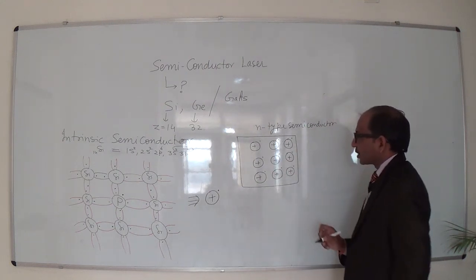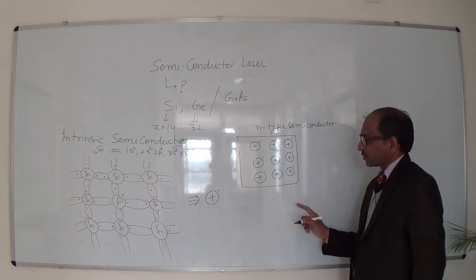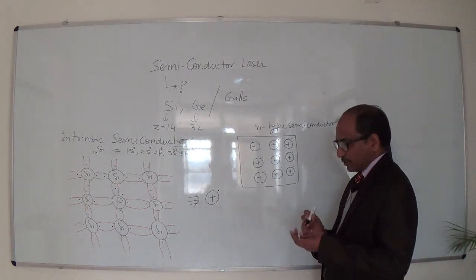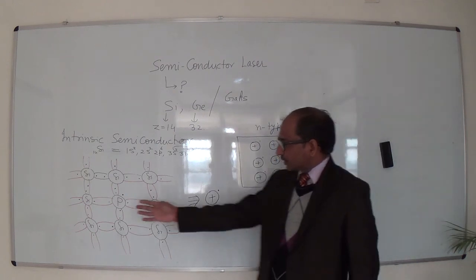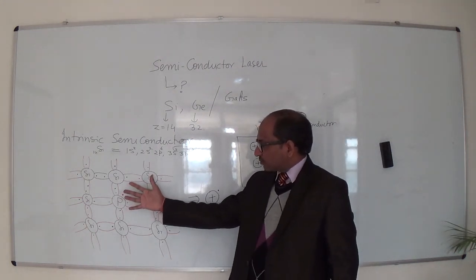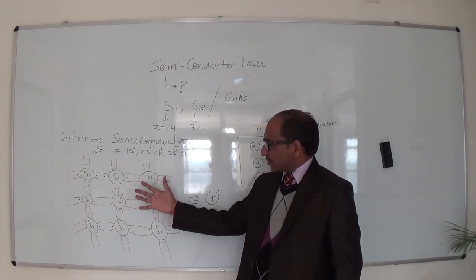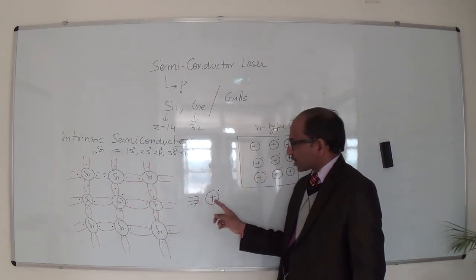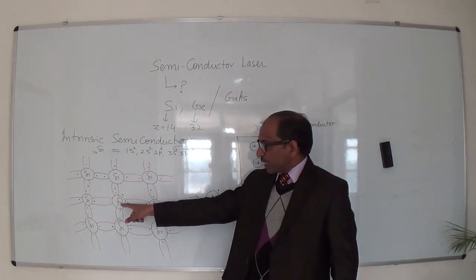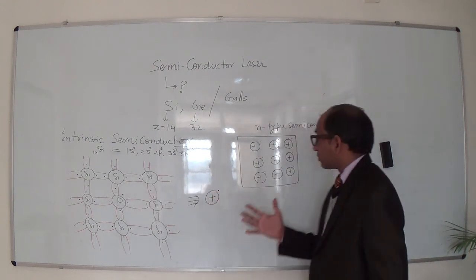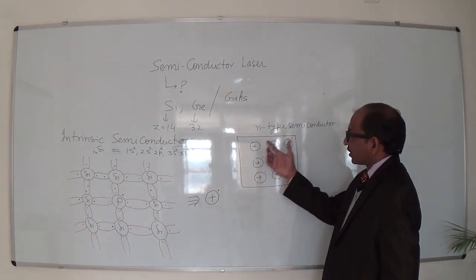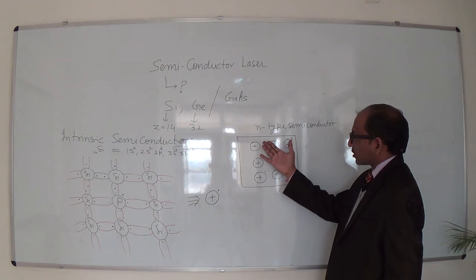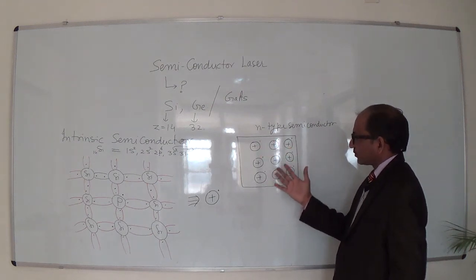This is the n-type semiconductor material representation. When I am using a pentavalent impurity, we get the extrinsic semiconductor, or n-type semiconductor. Because I have considered a pentavalent impurity, I am getting electrons as the majority charge carriers, right?